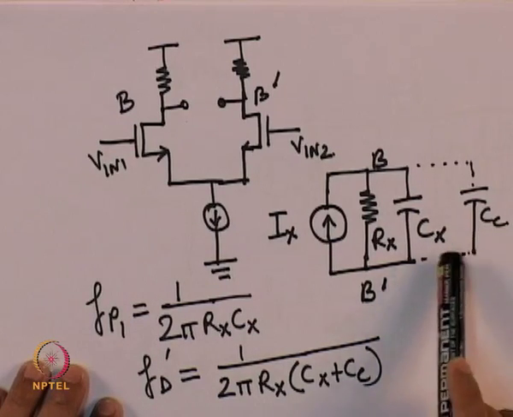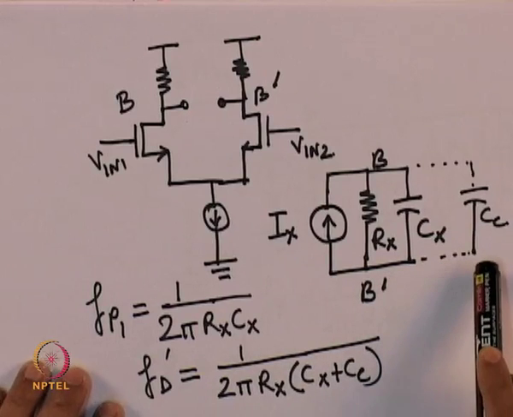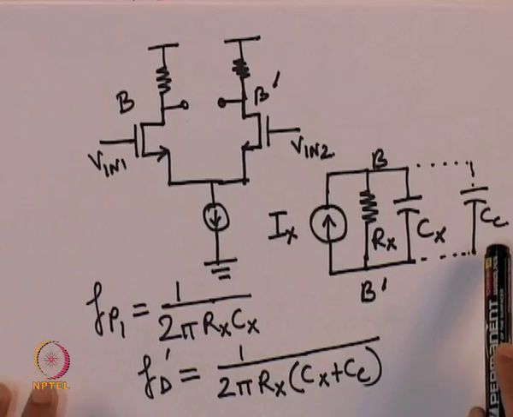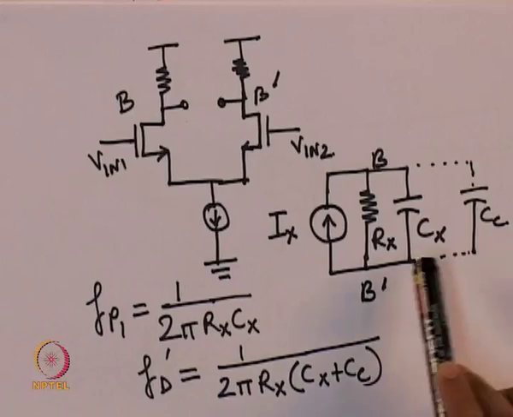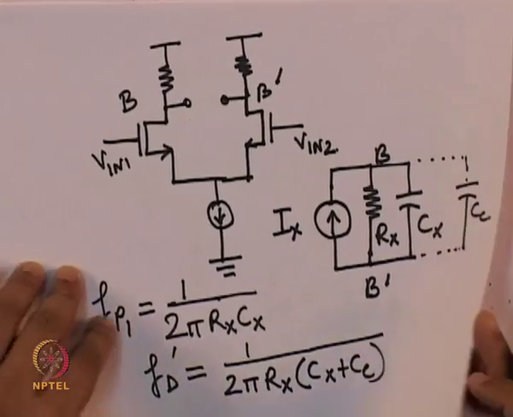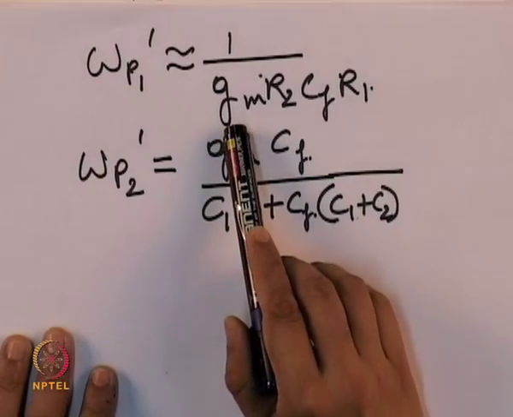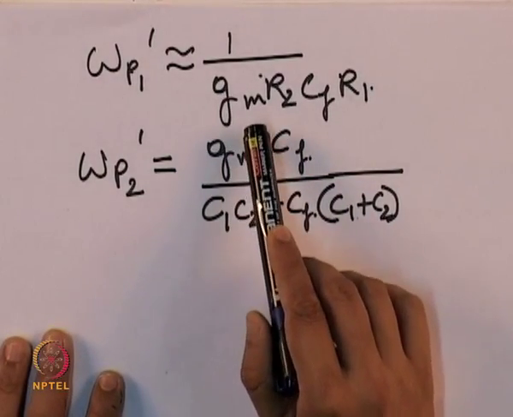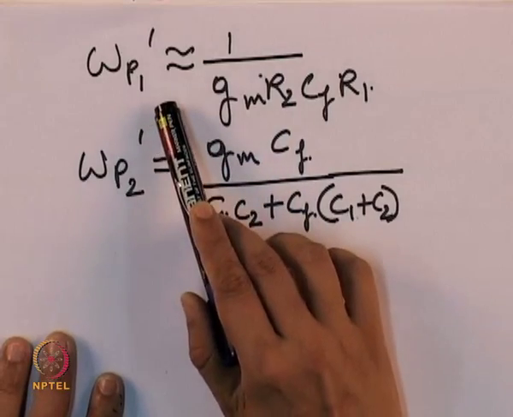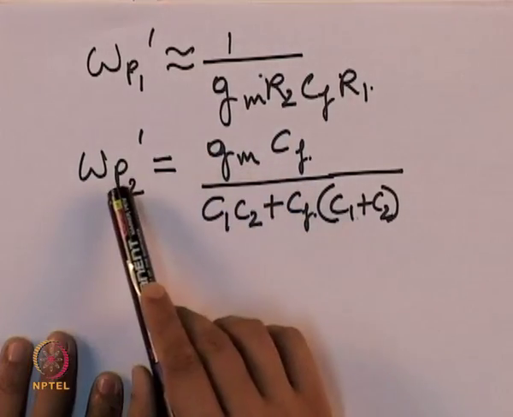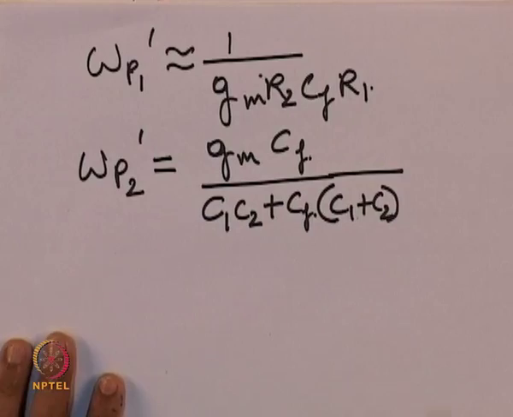Here, in that technique, we did not have the benefit of Cc being multiplied by the gain of the amplifier, which we have in the case of the Miller compensation technique, where, as I mentioned before, gm is present in the denominator of omega p1 dash and in the numerator of omega p2 dash.